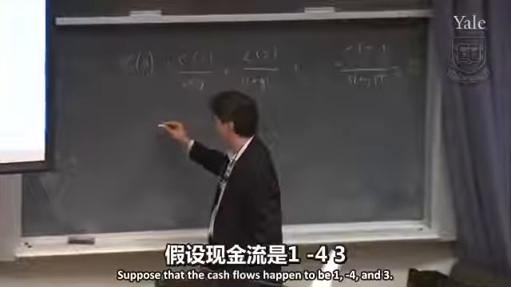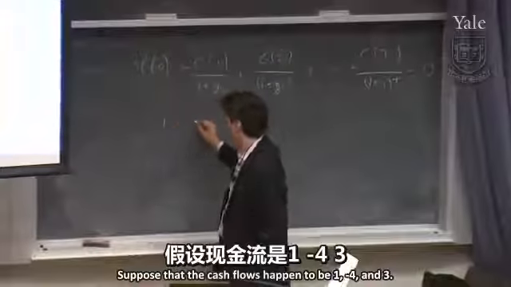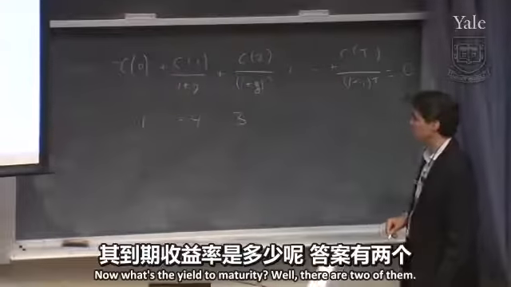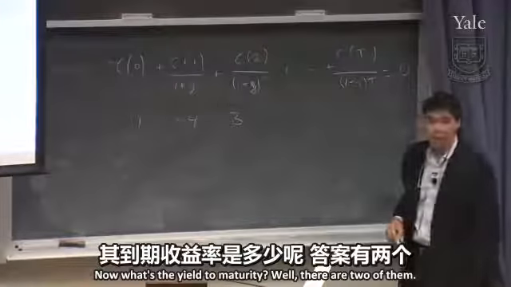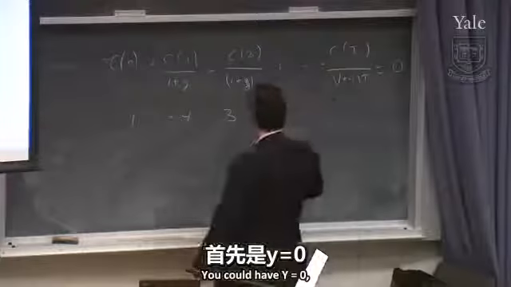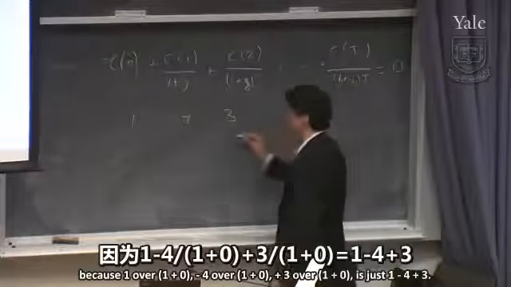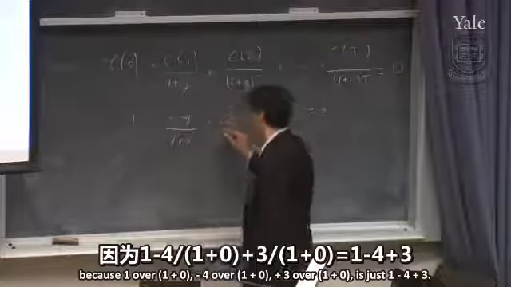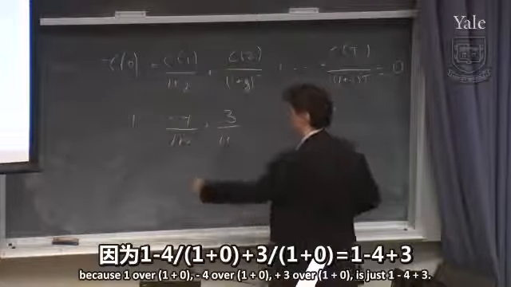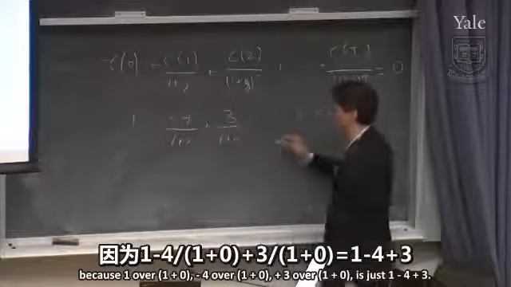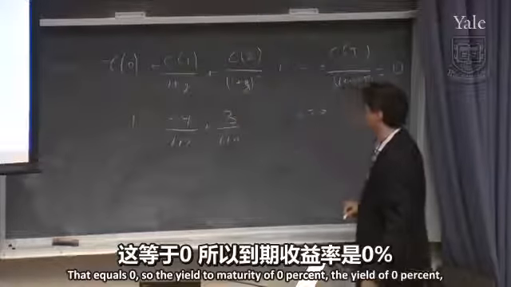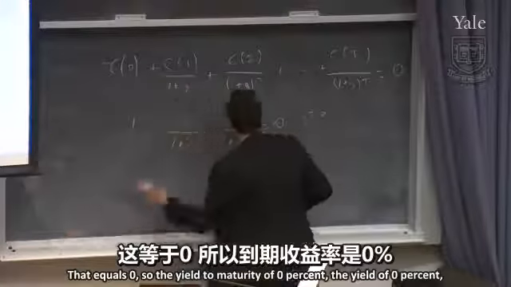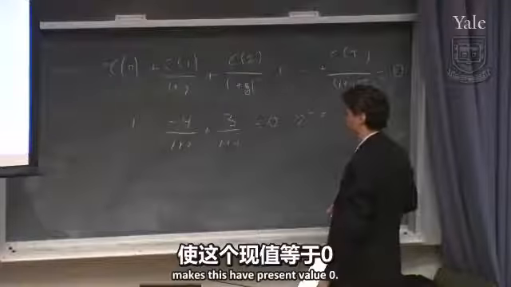Suppose that the cash flows happen to be 1, minus 4, and 3. Now, what's the yield to maturity? Well, there are 2 of them. You could have y equals 0, because 1 over 1 plus 0 plus minus 4 over 1 plus 0 plus 3 over 1 plus 0 is just 1 minus 4 plus 3. That equals 0. So the yield to maturity of 0% makes this have present value 0.